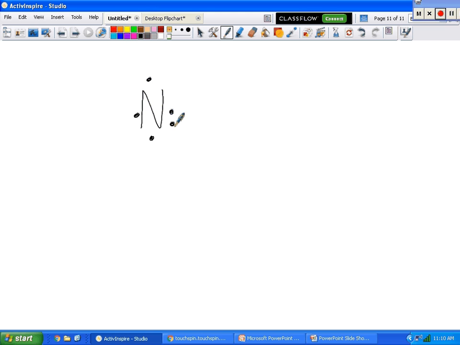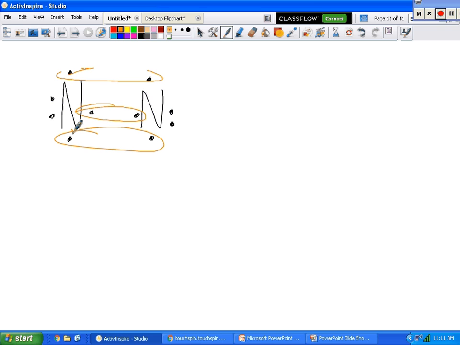If you match another nitrogen up to it, what can you do with all those 3 empty spaces? Now do you see why it's a triple bond? Does or does not? Good, that's why I wanted to show it to you. Because what if it had been an oxygen diatomic?